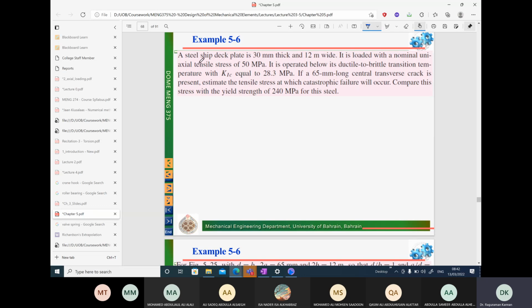We have a steel ship deck plate which is 30 mm thick and 12 meters wide. So we can draw a plate approximately, and this is 12 meters wide. I'm trying to draw with the mouse here, so bear with me.